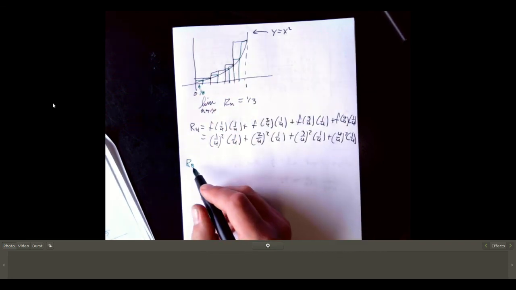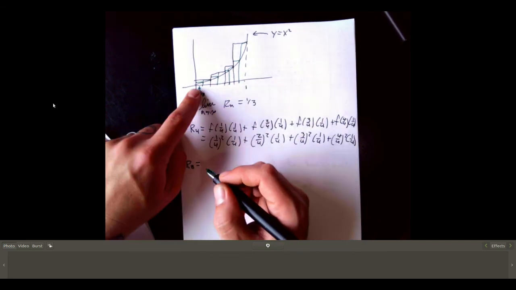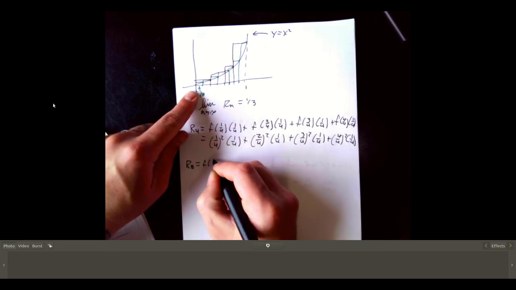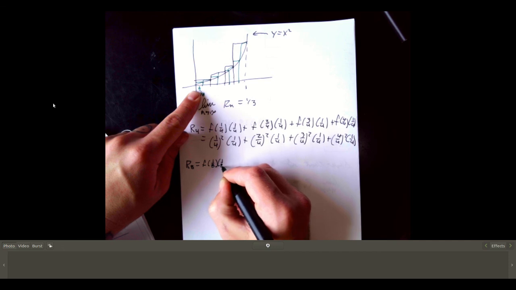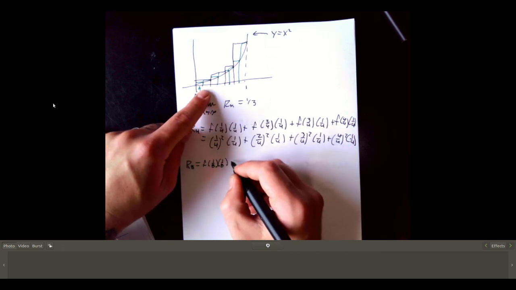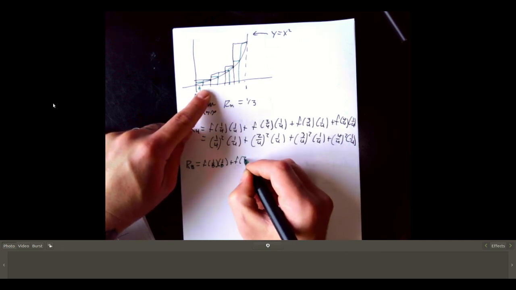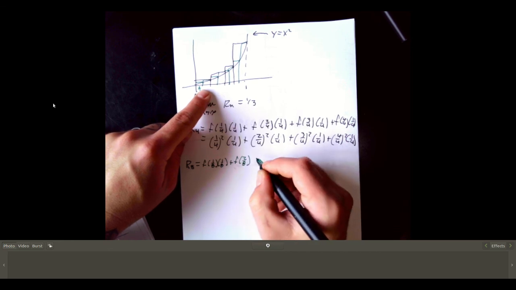Getting our right endpoint, this would give us our height evaluated at 1/8 times our width of 1/8. We go that width over again, and we'd add f of 2/8 times our width of 1/8.